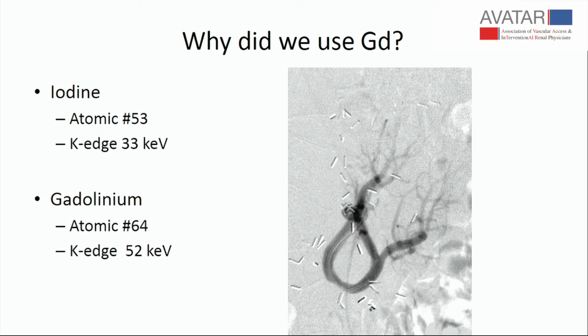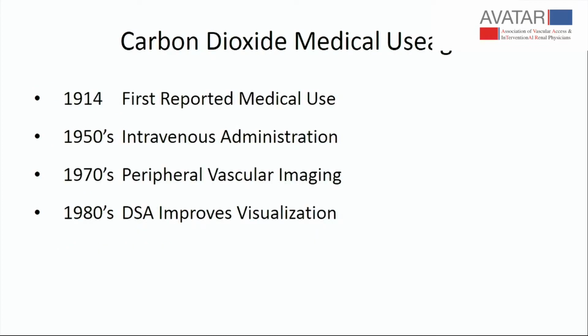But this is a gadolinium contrast angiogram of a renal transplant arteriogram. And the reason it works as a contrast agent is it's got its atomic number of 53 and its K edge of 33 kiloelectron volts, which stops the X-rays from going through it and makes a very nice contrast edge. So that's iodine, and if you look at the KEV here, it's very similar. So it looks a lot like contrast.